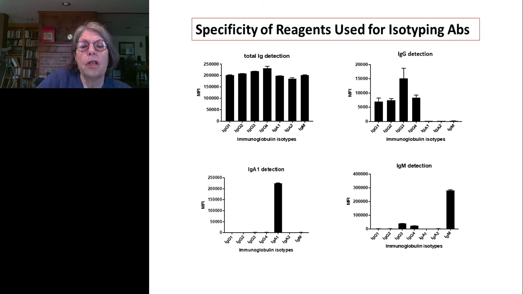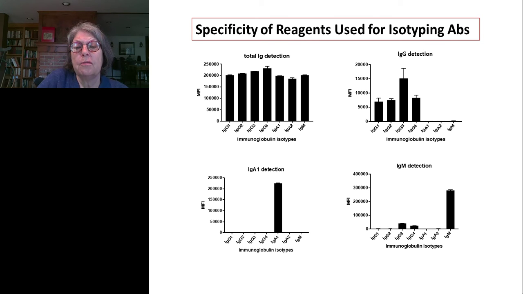Another excellent reagent was specific for IgA1 subclass. This is on the lower left, and you see that it only reacts with IgA1 myeloma protein and none of the other myeloma proteins.